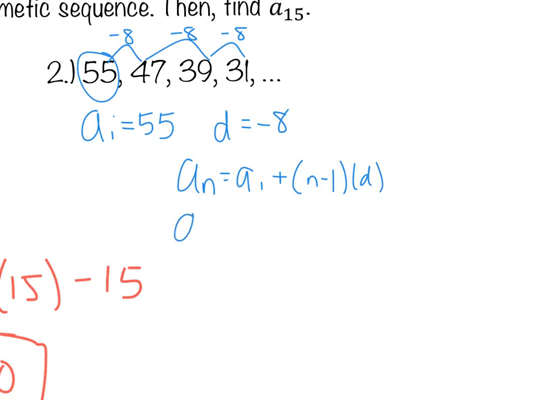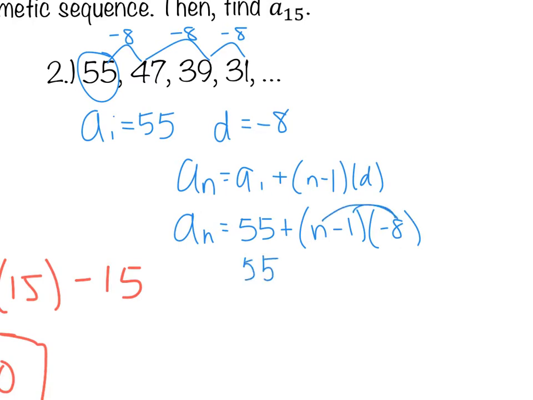A sub n equals A sub 1, which is the first term, plus n minus 1 times D, which is -8. Again, this needs to be distributed. So I have 55. -8 times n is -8n. -8 times -1 is +8. And so A sub n, combining like terms, is -8n plus 63.